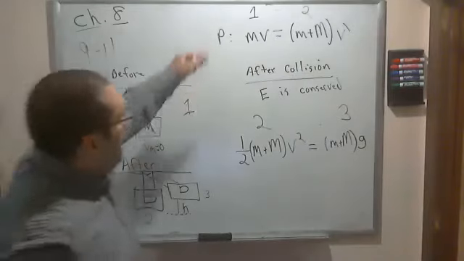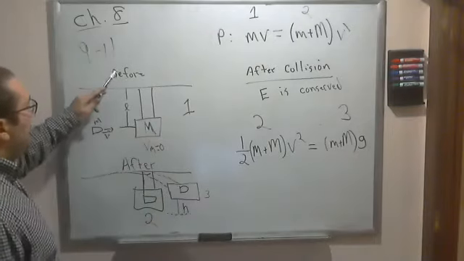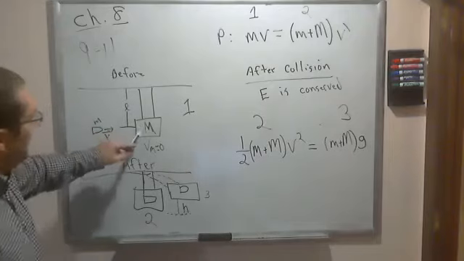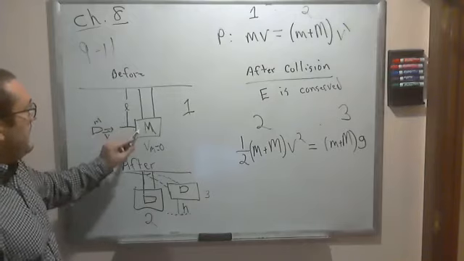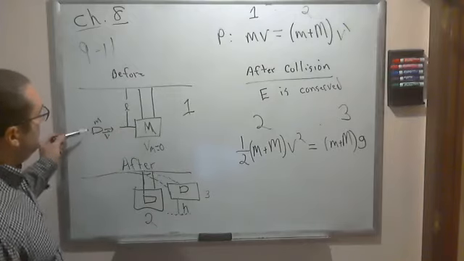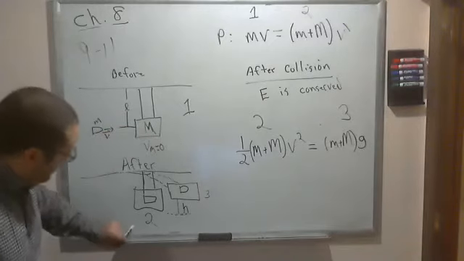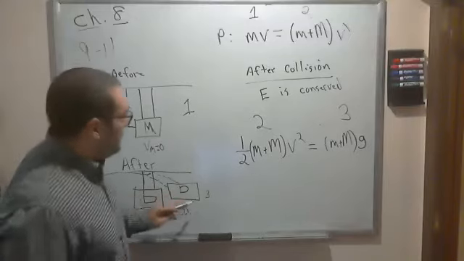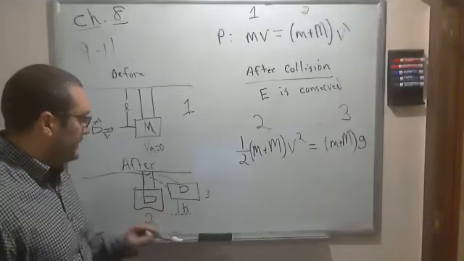So we're studying three different scenarios, right? This is a perfectly inelastic collision, so energy is not conserved before and after the collision, but momentum is. So this is case one, right before; snapshot two, right after the collision; and snapshot three, when this pendulum is at its max height h.